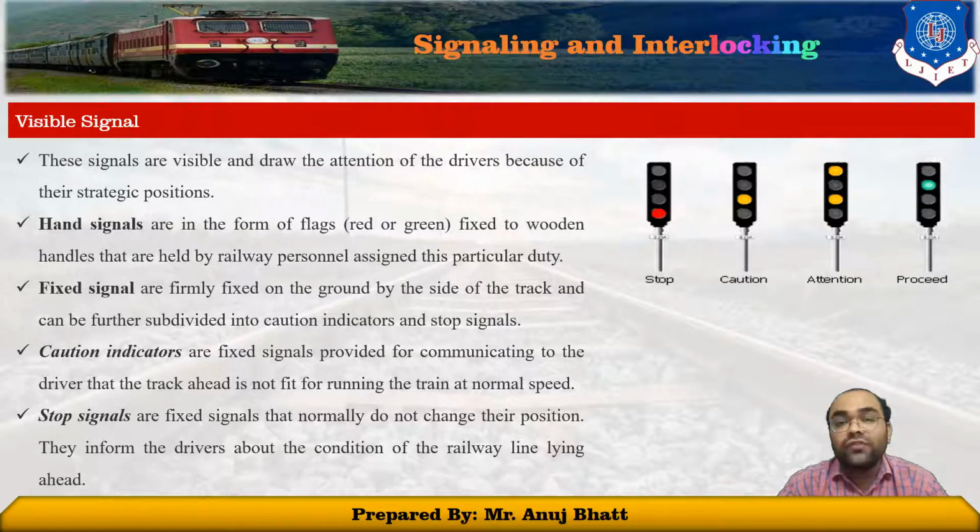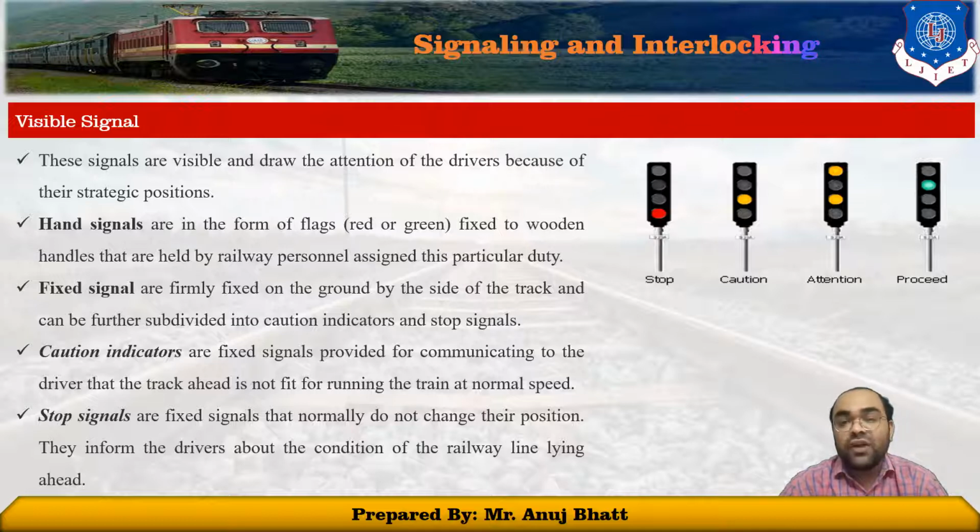So those are a kind of caution indicator, or we can say a kind of warning. These signals are used when engineering works are underway and are shifted from one place to another depending upon the requirements. The other one is the stop signal. Stop signals are also fixed signals and normally do not change their positions.